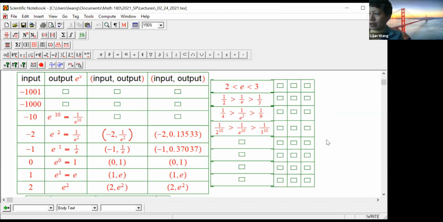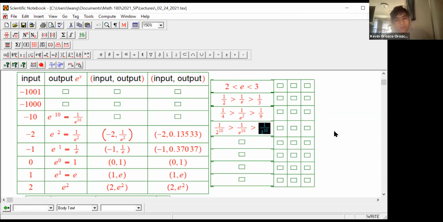What's the size of this number? It's really, really small. Is it larger than 0 or smaller than 0? It's still larger than 0. That's right.